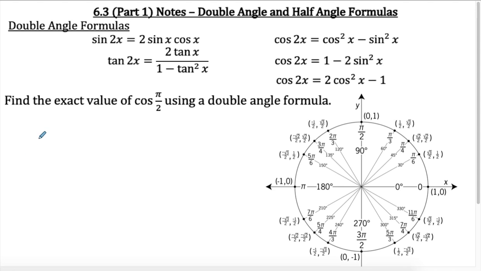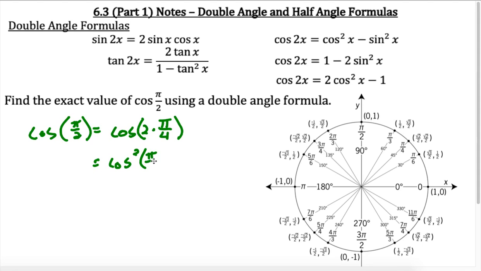But a quick example, I can say the cosine of pi over 2 is the same as cosine of 2 times pi over 4. If I write this as 2 times some angle, then I can look up here and say, well, cosine of 2 times some angle, I could use any form, is equal to cosine squared of that angle minus sine squared of that angle. So then cosine of pi over 4 is the square root of 2 over 2.